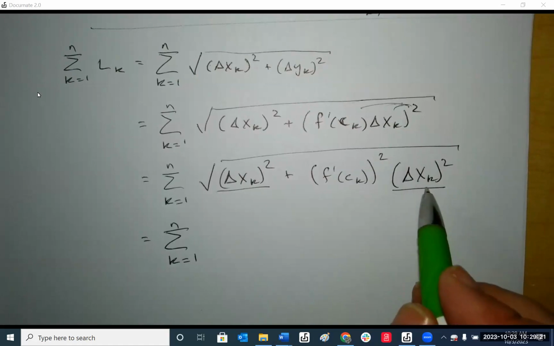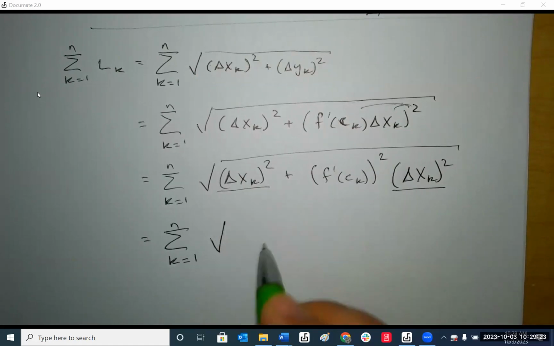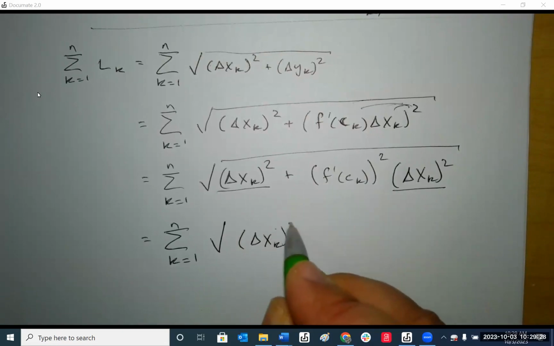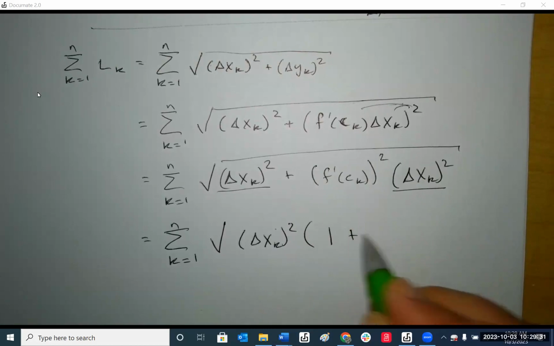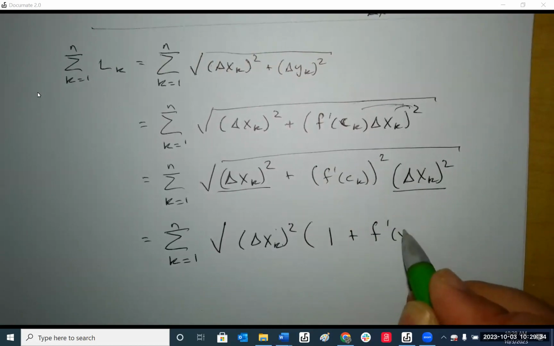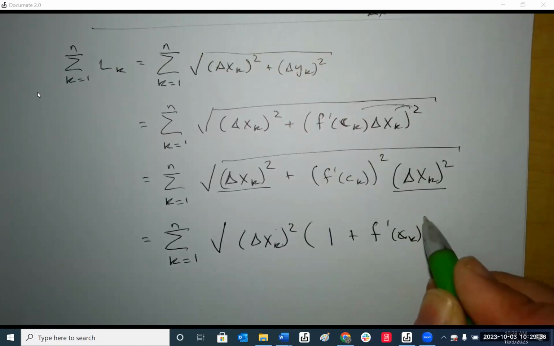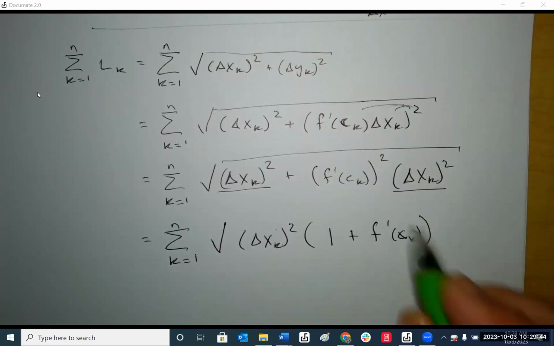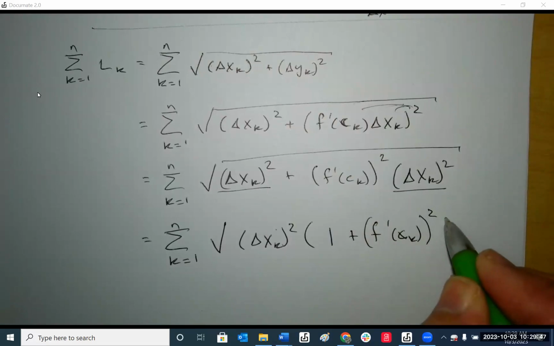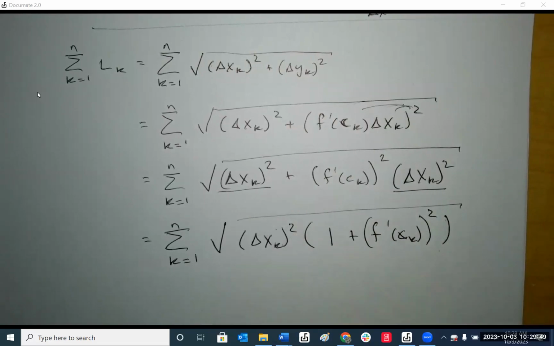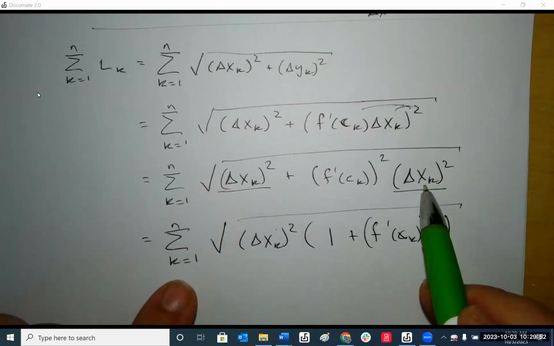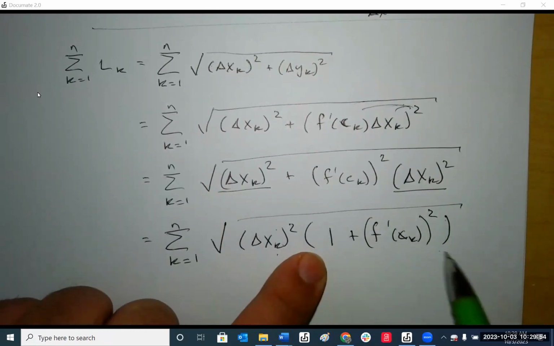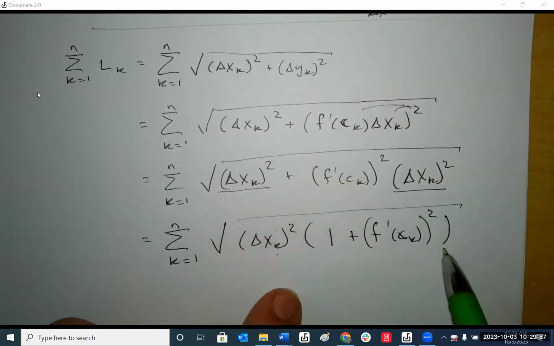These two delta x's I can factor out. So I took out delta x, I can put it out in front. So I have the 1 plus f prime of c sub k squared inside the second parenthesis.